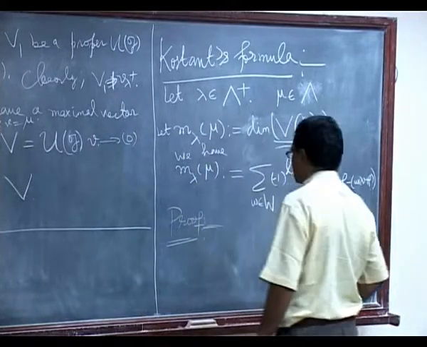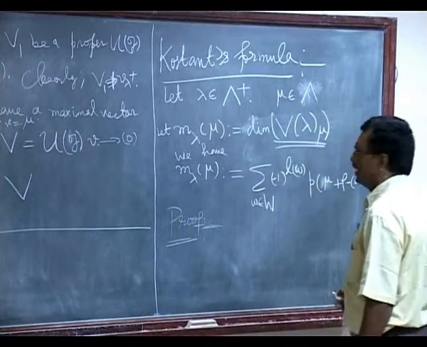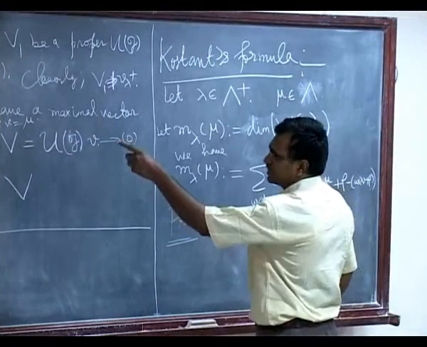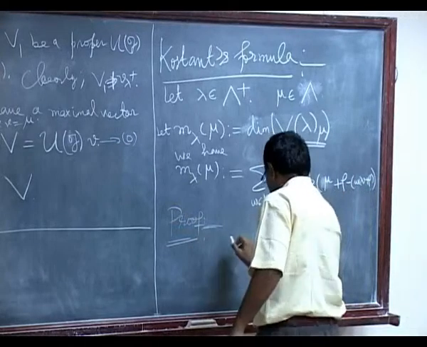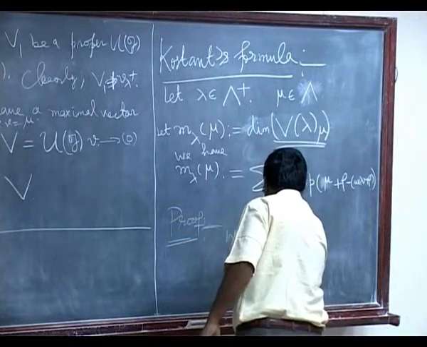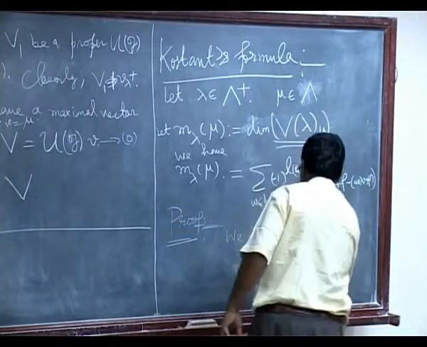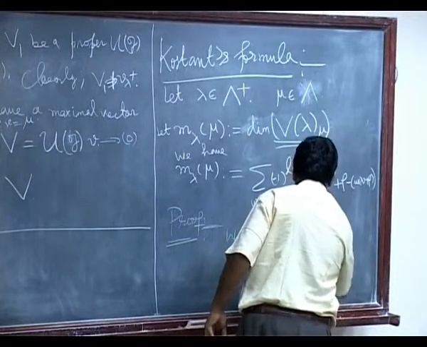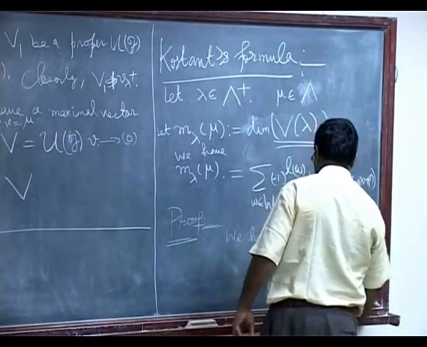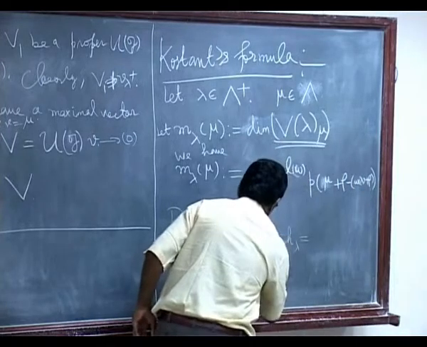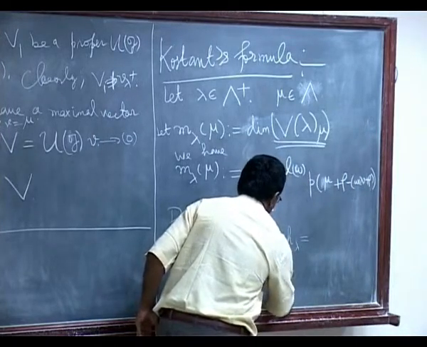So, first thing is we have from this point of view, ch lambda is equal to, I mean this notation is the character of V lambda.